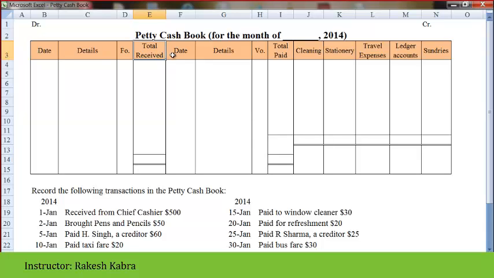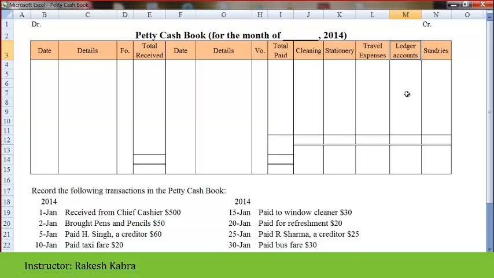Now see the credit side: date, details, voucher number, total amount paid, and these are the specific columns for what? For petty payments. In all businesses, there are certain items on which every day or every week we incur some small payments. There are certain items like cleaning, stationery, traveling expenses, and ledger accounts, meaning here suppliers.